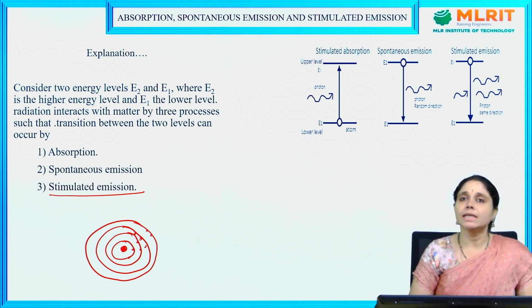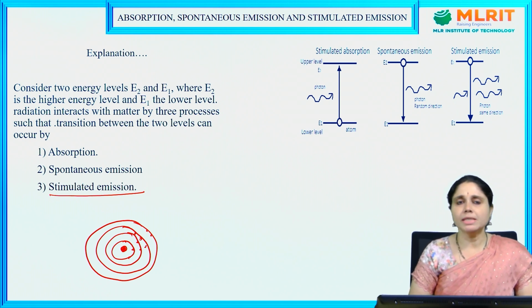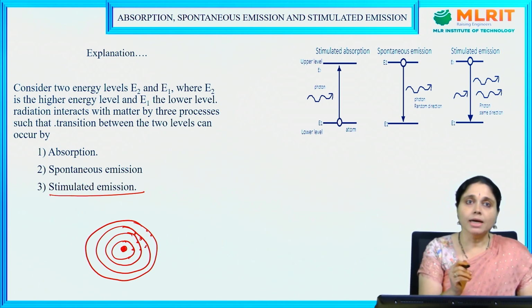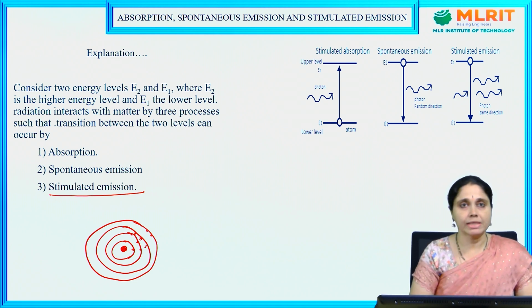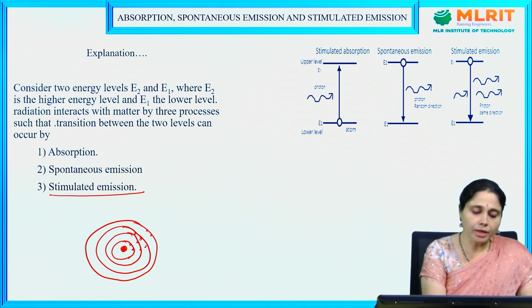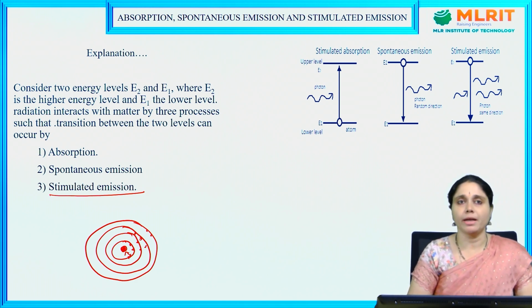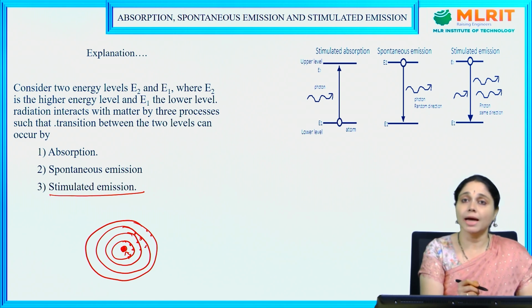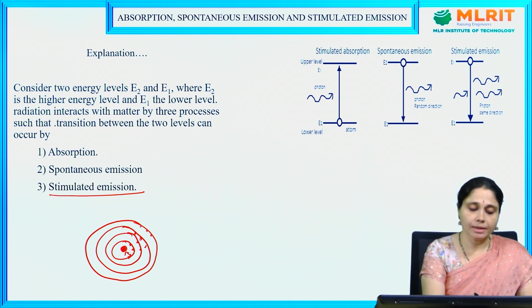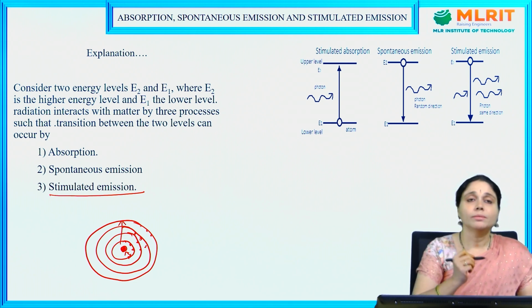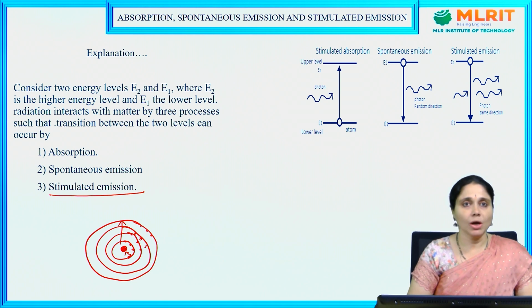These are known as energy levels, the levels in which the electrons exist in an atom. The energy levels closer to the nucleus are known as ground energy levels, and the energy levels far from the nucleus are known as excited energy levels.